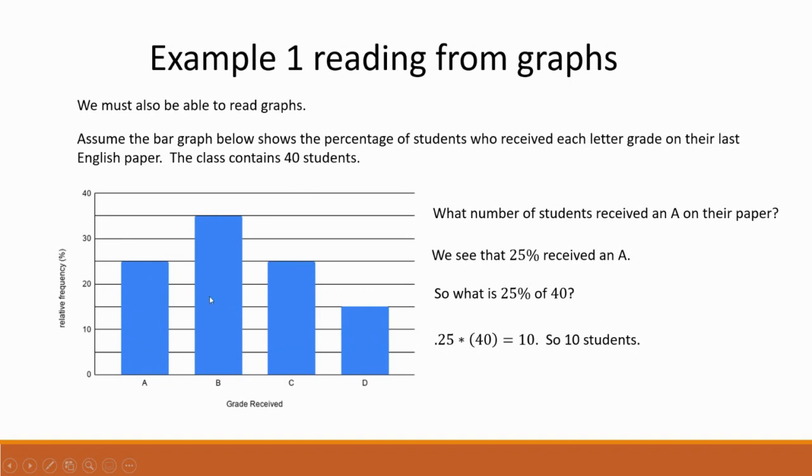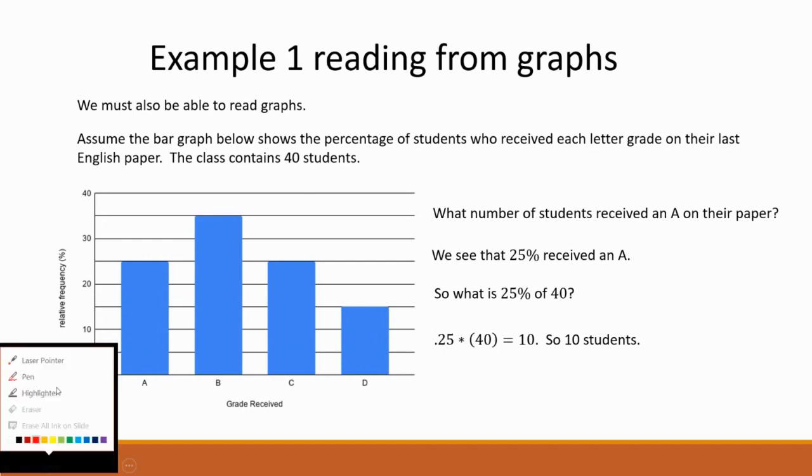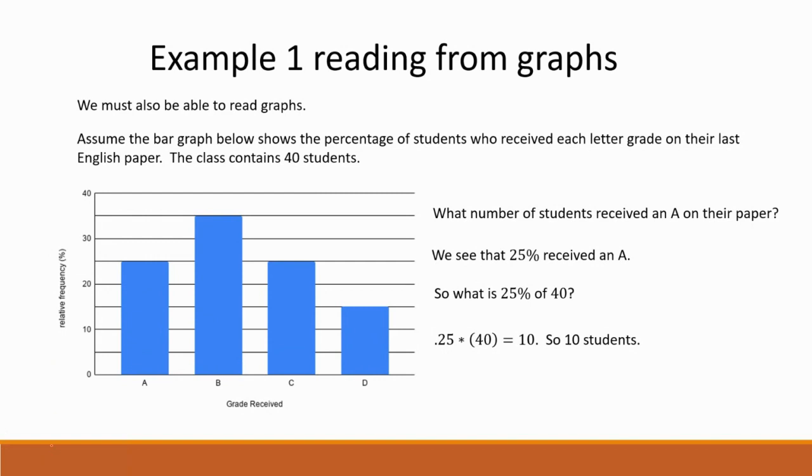Now, if there are 40 students, then how many students received an A? 25% did. So really what we have to figure out is, what is 25% of 40? That's really what the question is asking. Well, that's the same as 0.25 times 40.